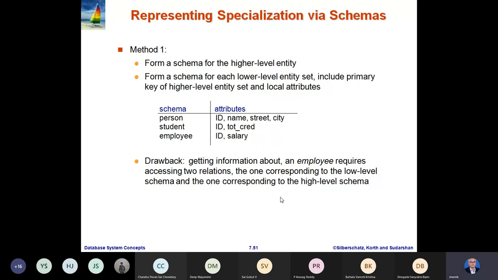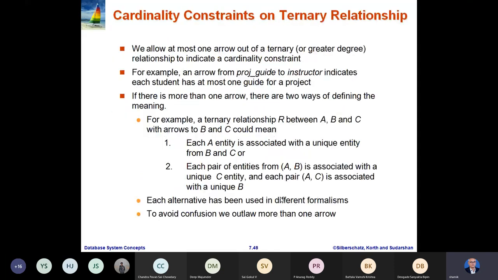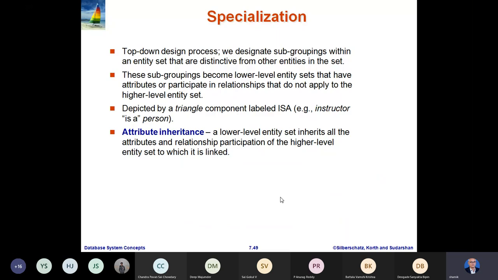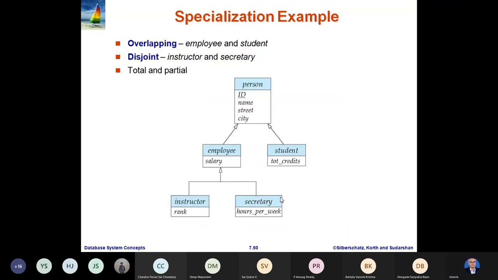Then we talked about specialization. In specialization, we talked about this top-down design process, and we took up this example where we said that there is an entity set, say a person, which has got certain attributes, including a key attribute, and then we have some specialization of a person like employee and student, and it can go to any depth of hierarchy, like from employee we can go to instructor and secretary, and at each of such specialization levels we can have some additional attributes.